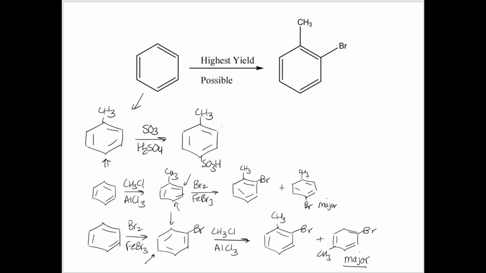because of the steric hindrance in putting two groups next to each other on the ring like that. So now once I did that, I would say, okay, now let's go ahead and add the Br2 and the FeBr3. So the methyl group, remember, is the highest on the chart, and it's going to direct to the ortho position to itself, because the para position is now blocked by the sulfonic acid.